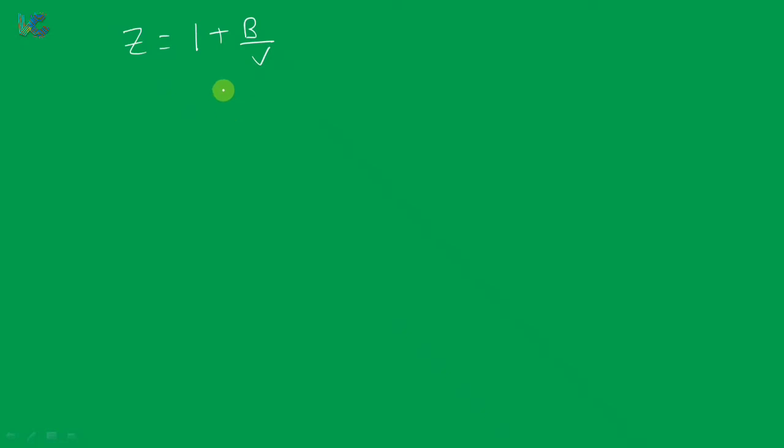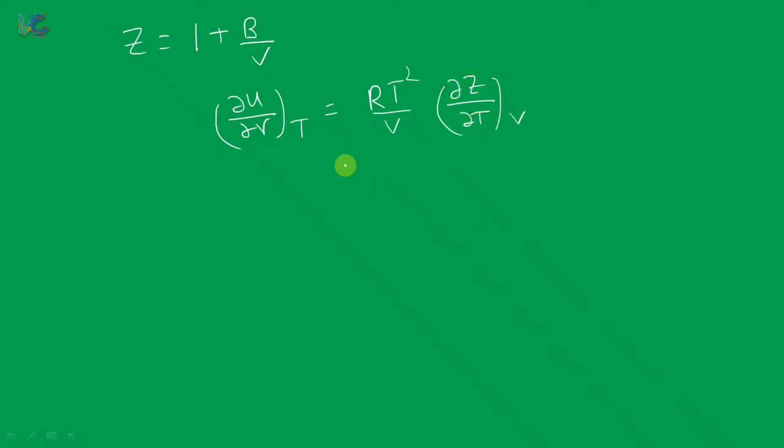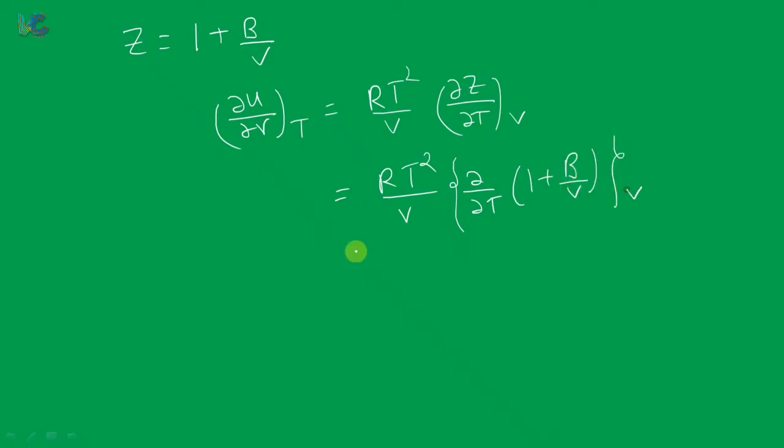Now you have just derived that del U del V at constant T is equal to RT square by V into del Z del T at constant V. Now instead of Z you put 1 plus B by V. So this is RT square by V and this is del T of 1 plus B by V at constant V. So the derivative of 1, that means a constant with respect to T, will be 0.